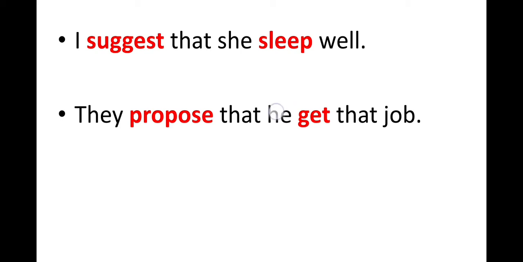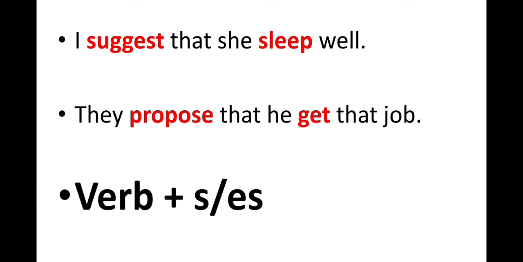And if you write in that way, that will be grammatically wrong. Or they propose that he gets that job. That will be grammatically wrong. Okay? So remember this rule that we use verbs in their base form without having s or es.